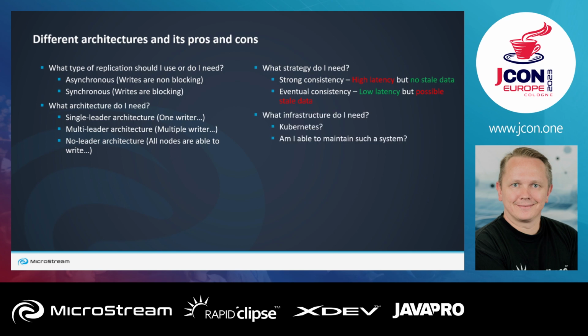Okay, and in the unlikely case you want to do it by yourself, you have, in addition, to deal with all the infrastructure stuff, Kubernetes, and you have to maintain a lot of things: backups, monitoring, logging, security, and so on and so on. There are many different things you have to do.